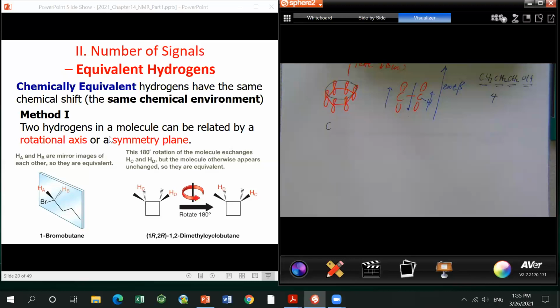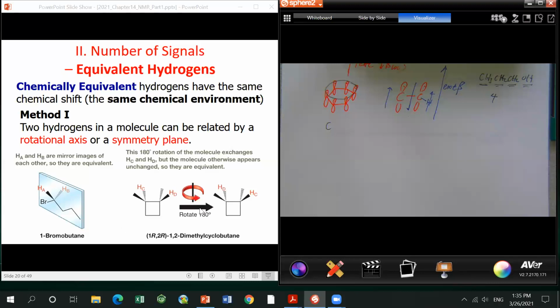If they are related by a rotation axis or symmetry plane, then these two protons will have the same chemical shift, the same chemical environment, and are called chemically equivalent. For example, this is 1-bromobutene, and the two hydrogens on the CH2 can be related by a symmetry plane passing through the whole molecule. The left HA is the mirror image of HB. That's called a symmetry plane, and these two protons will have the same chemical shift.